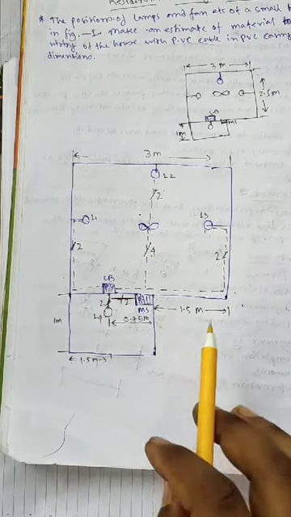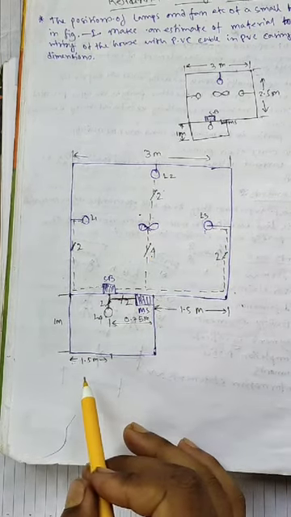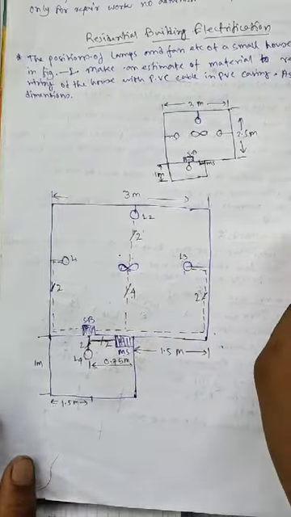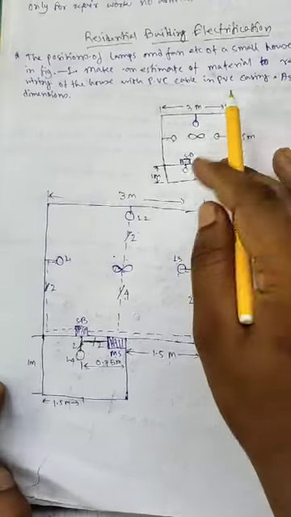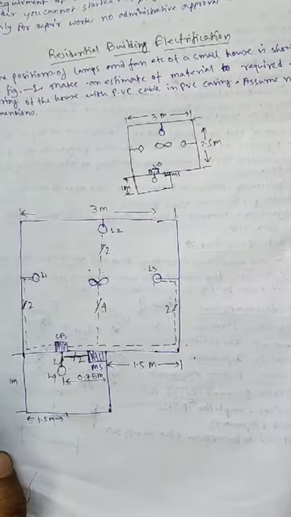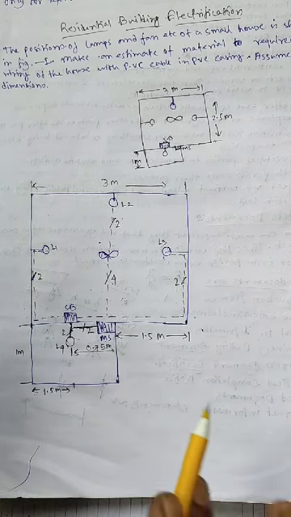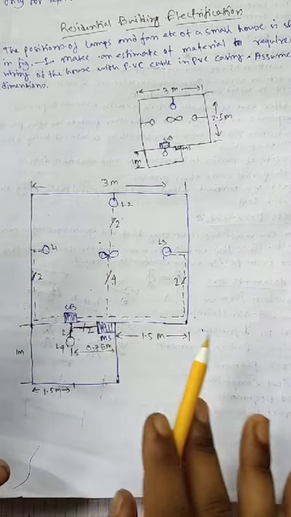Okay, this is a single line diagram and all distances are mentioned, and they say that we can take a necessary assumption. So from the single line diagram we see that we also calculate the load.